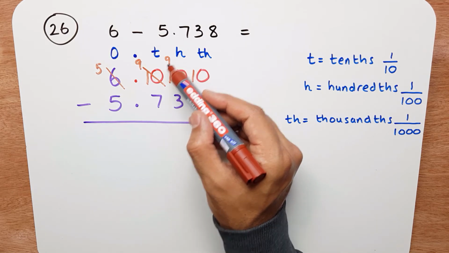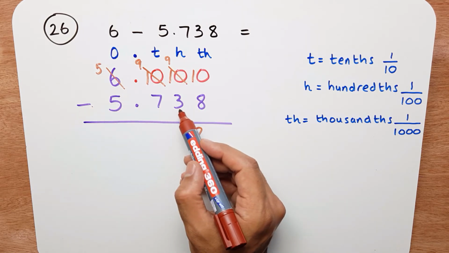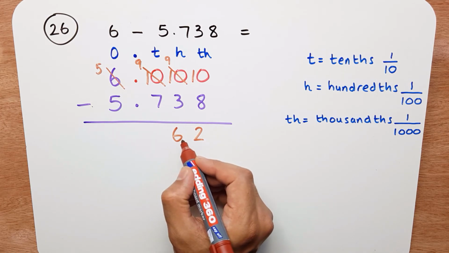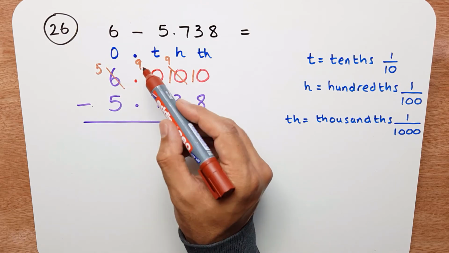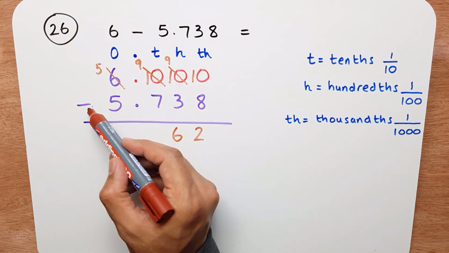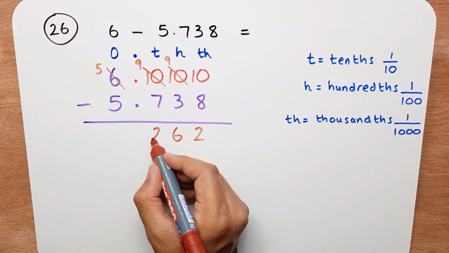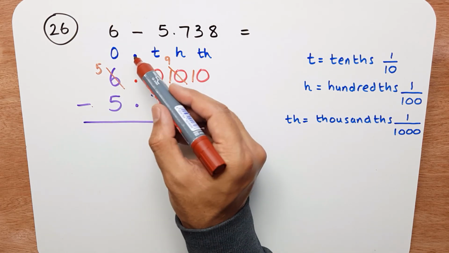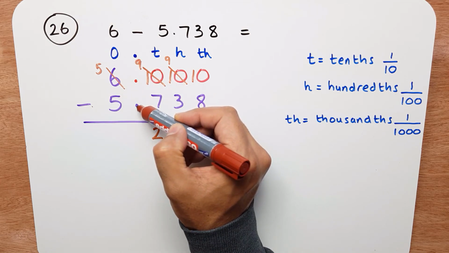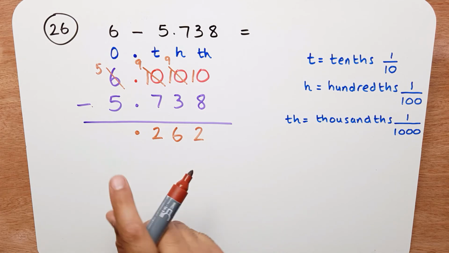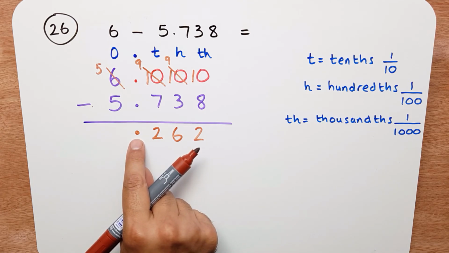I can do 9, take away 3, which is 6. 9, take away 7, which is 2. And what I'm going to do is carefully bring and line up my decimal point here, so I don't lose this and I don't get the wrong answer.